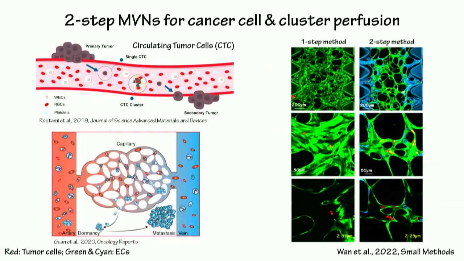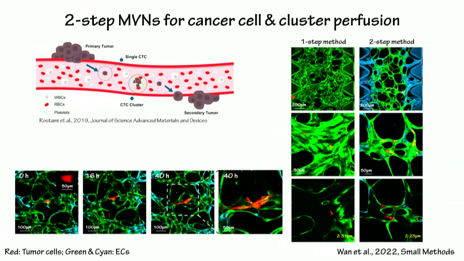But using our two-step seeding method, we can generate very small diameter vessels, then even if we perfuse a single tumor cell into our vessels, as shown here on the right, they will be physically trapped by those vessels. So this is just one example to show you that indeed this two-step seeding method can mimic what happens in vivo.